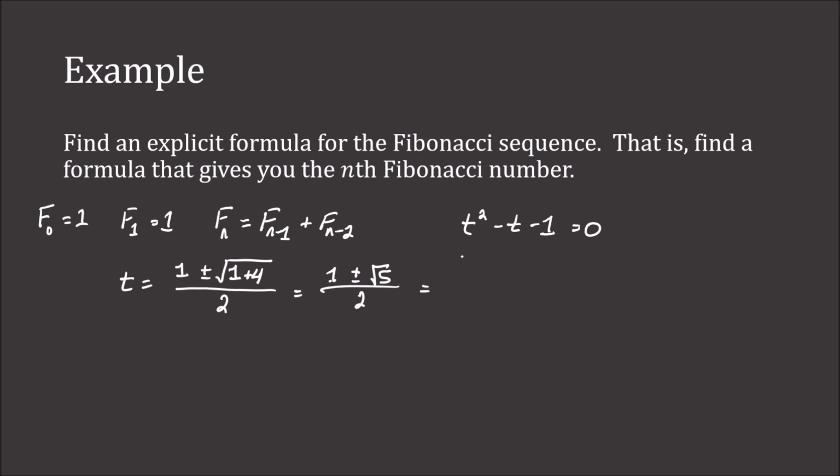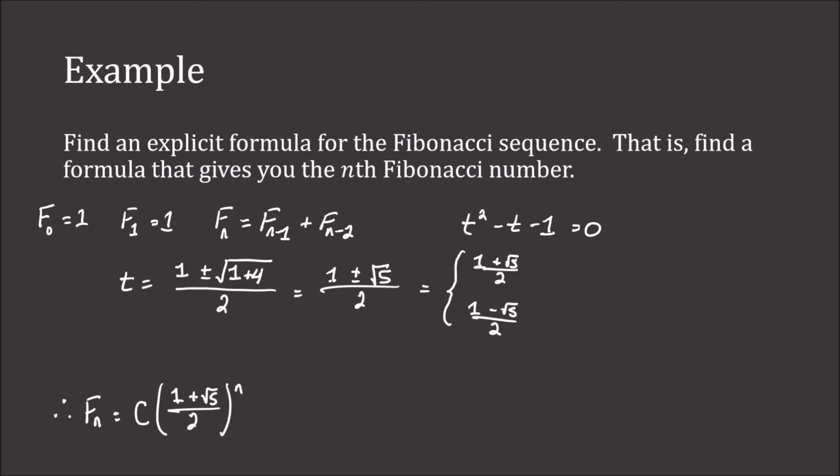So we have two solutions: 1 plus the square root of 5 over 2, and 1 minus the square root of 5 over 2. So f sub n would be c times (1 plus root 5 over 2) to the n, plus d times (1 minus root 5 over 2) to the n.